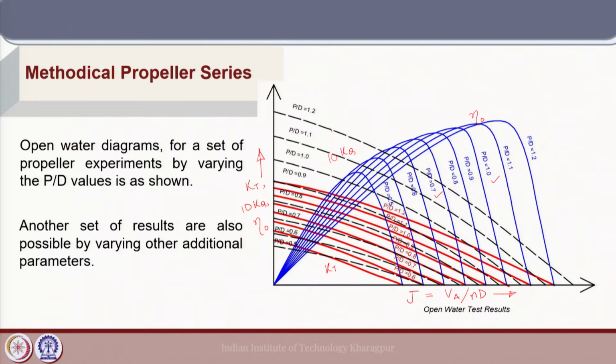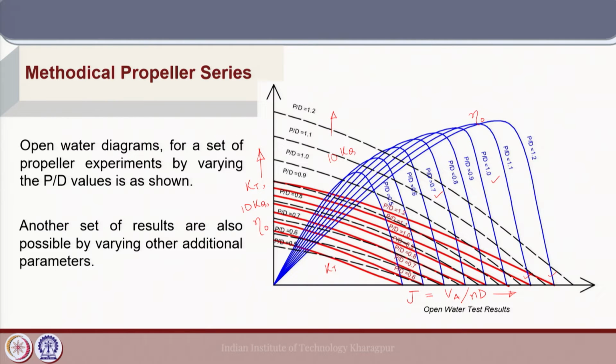So as we increase the pitch, the KT and KQ values are increasing. In that way, the efficiency also has a wider range, because the KT KQ curves go to 0 at higher values of J as the pitch is increased.